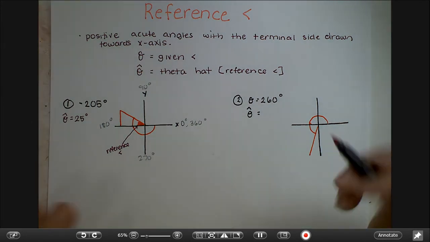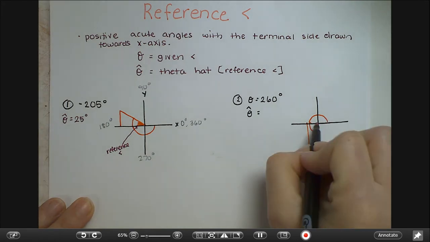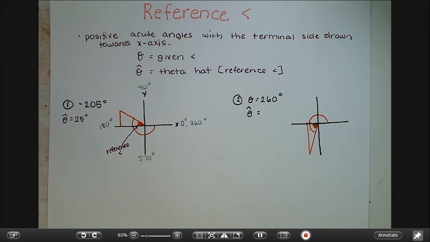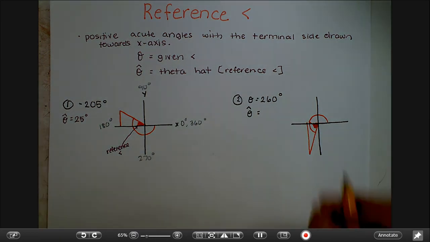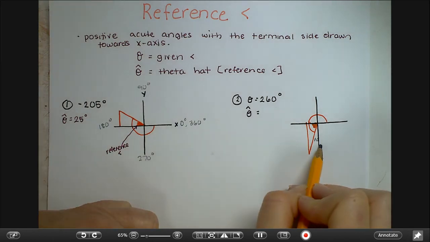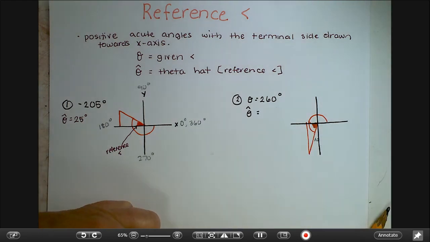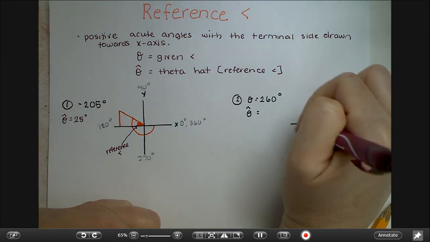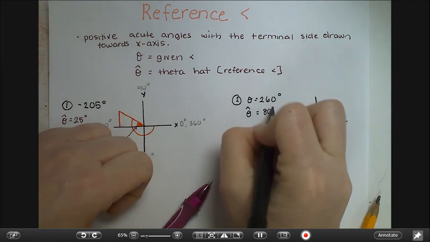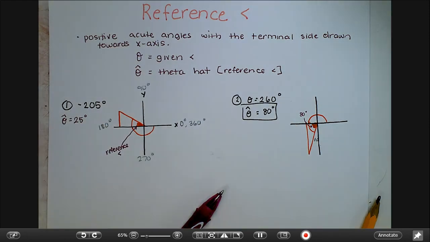Okay, we're going to draw back to the x-axis, and this is our reference angle inside that little triangle. This angle here would be 10 degrees, because if we went 10 more degrees, we would have been at 270. So this reference angle here would have to be 80 degrees to go back to that x-axis.